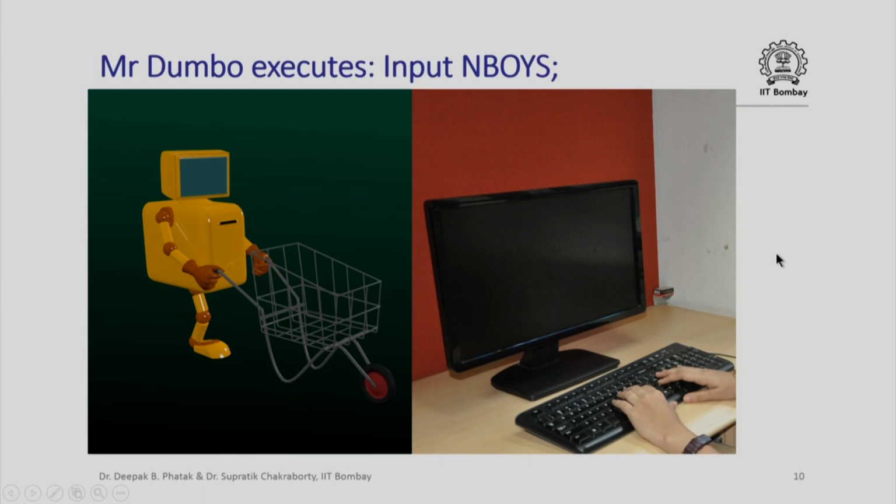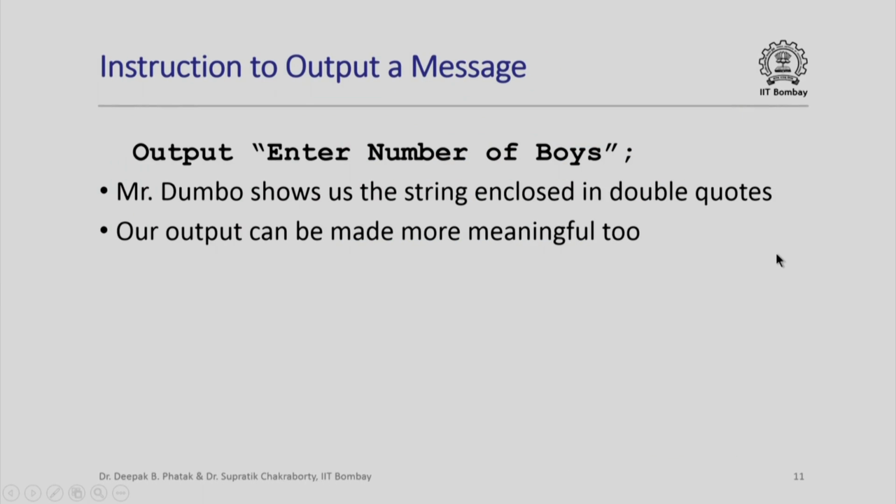Well, we then introduce another instruction, an instruction to output a message. For example, if we write output "enter number of boys", this is a string of words enclosed in double quotes. This is almost like an output instruction, but instead of outputting the value of a named location, we are asking Mr. Dumbo to output just this string as is.